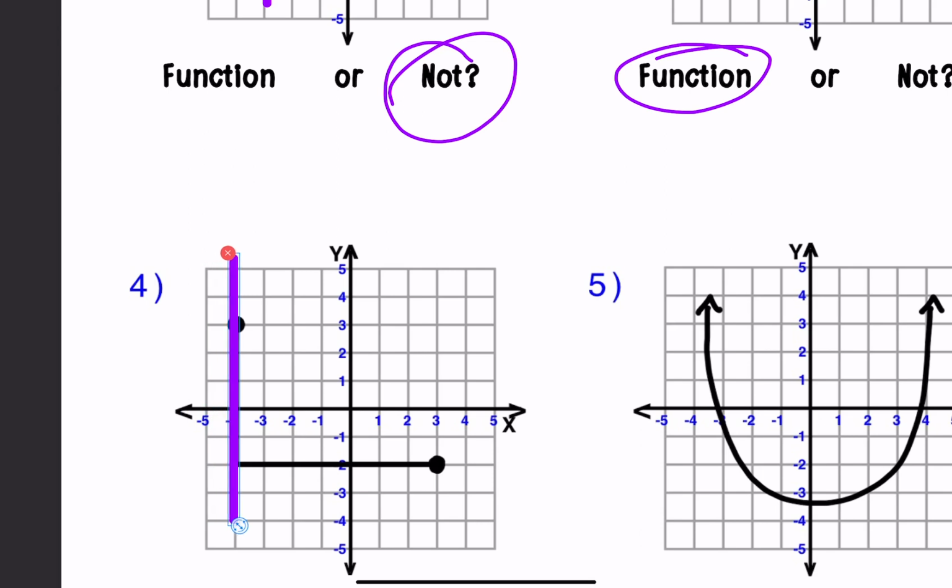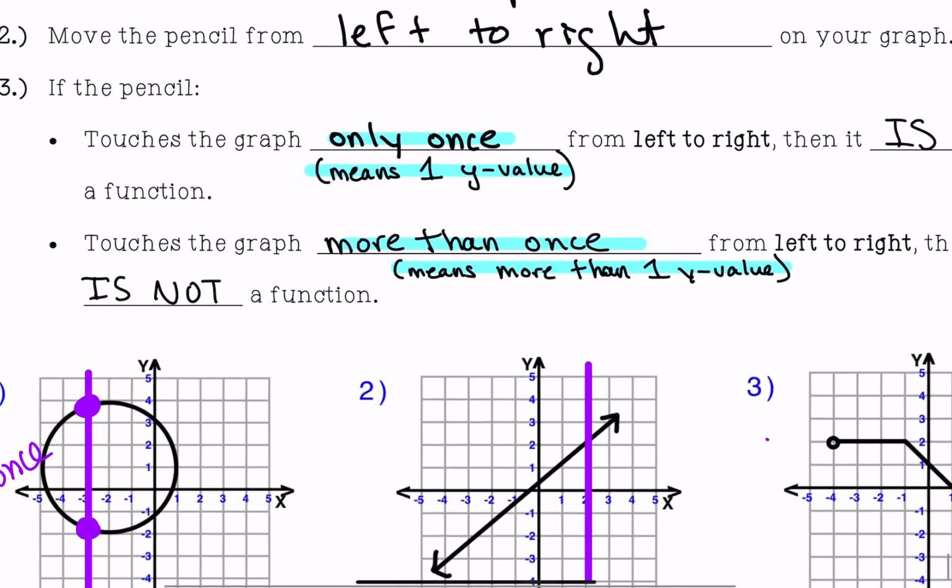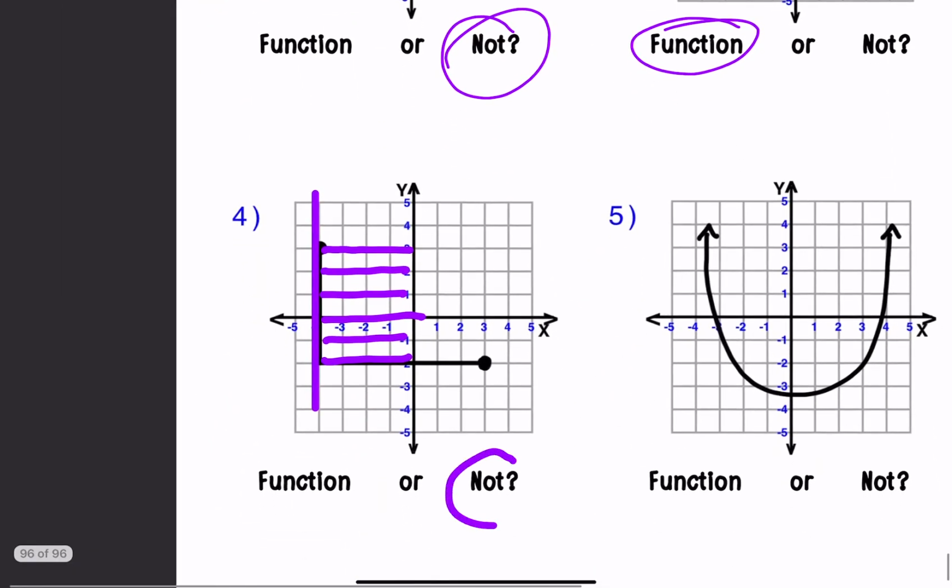Right here, my vertical line, technically, from what I hear students say, is only touching this graph one time. However, even though it's only touching that one time, look at how many y values it has. Look at all those y values. It's got 6. We can't have more than 1, right? This means more than 1. That means it is not a function.